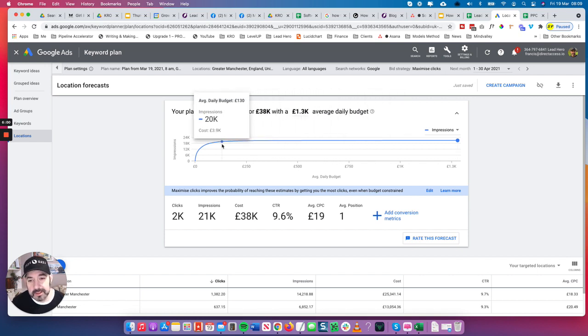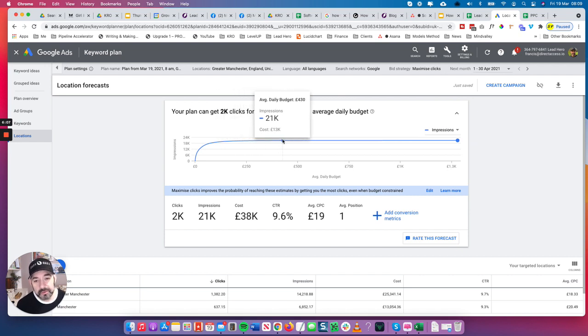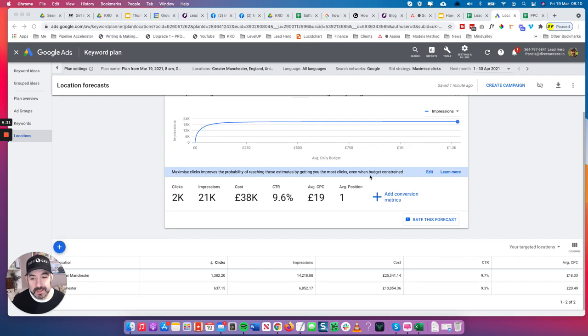And steadily throughout, we can see that we can get a possible 21,000 impressions. That gives you the market size. So this starts to give you an idea of what's possible.